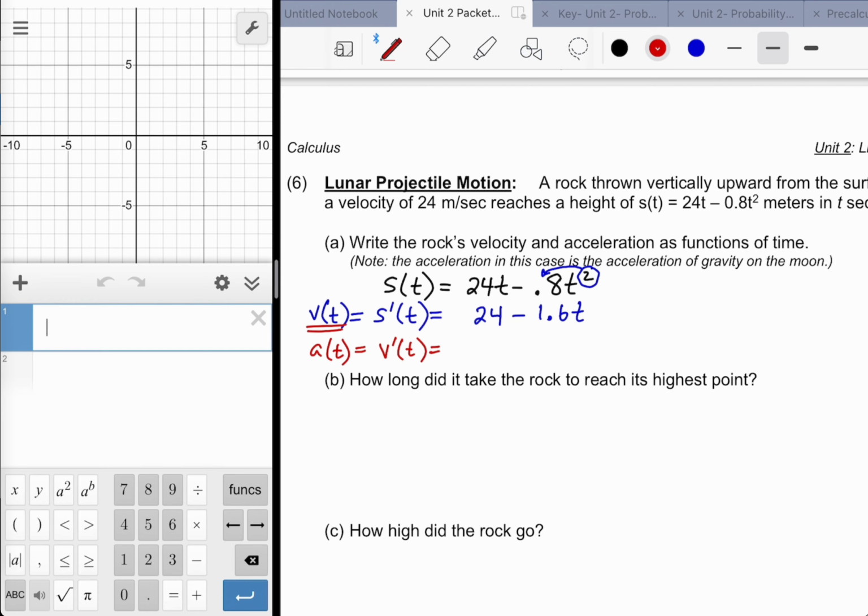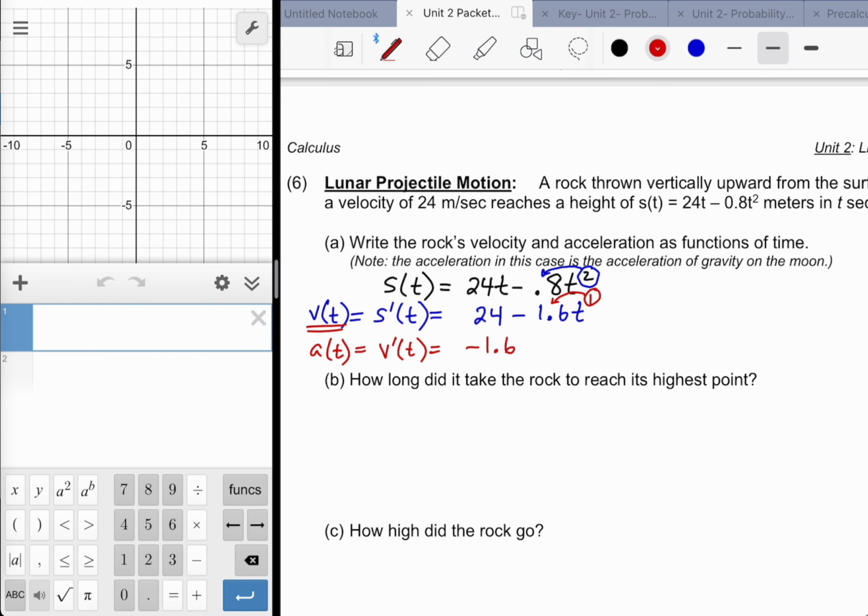Rate of change of something that's constant would be equal to 0. That negative 1.6t would become just negative 1.6, that's it, because power multiplied by coefficient becomes negative 1.6 t to the 0th power. So that's our acceleration function.